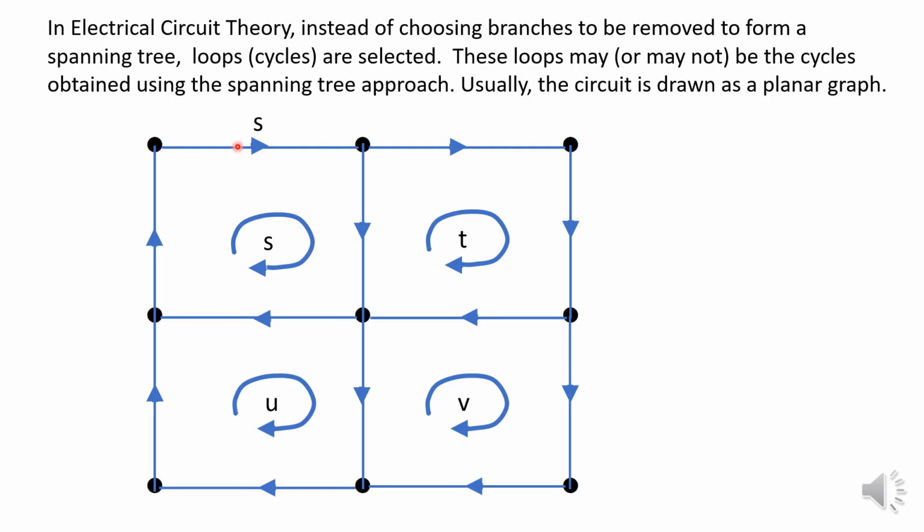So you'll have S flowing here. I have S flowing up here, S flowing here, T flowing here, T flowing here. Okay, so I go here, T and T, and on these branches you have U flowing here and U flowing here.